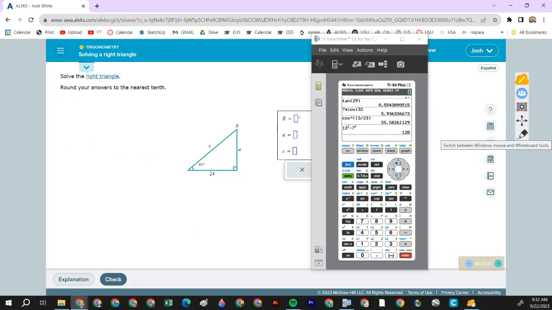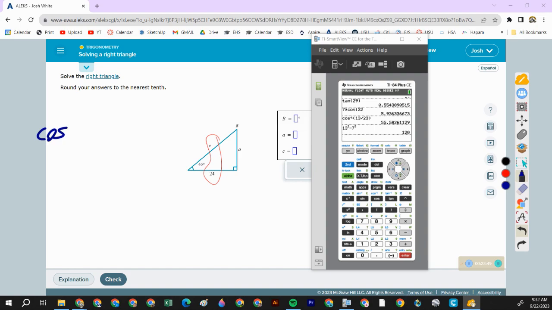All right. Here we have a right triangle. We know one base angle, and we know one leg. And it says, find everything. So solve for everything. Okay. What trig ratio will use those two sides? A and H would be cosine.